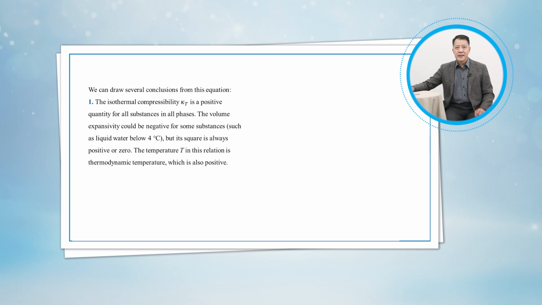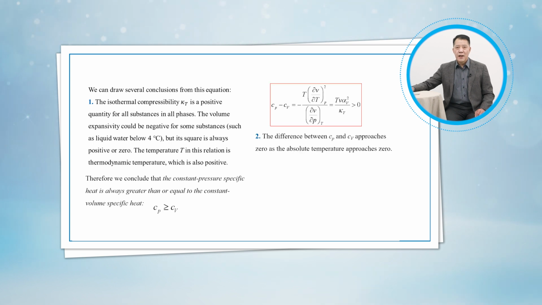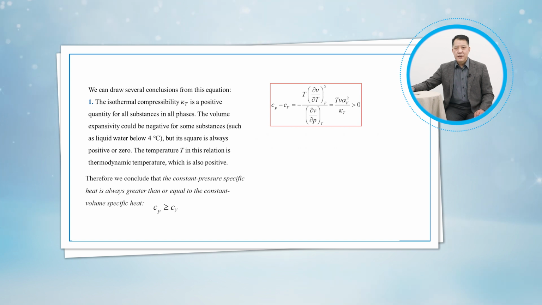The temperature T in this relation is thermodynamic temperature, which is also positive. Therefore, we conclude that the constant pressure specific heat is always greater than or equal to the constant volume specific heat. The second one is the difference between Cv and Cp approaches zero as the absolute temperature approaches zero as well.